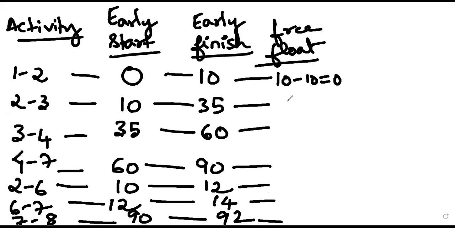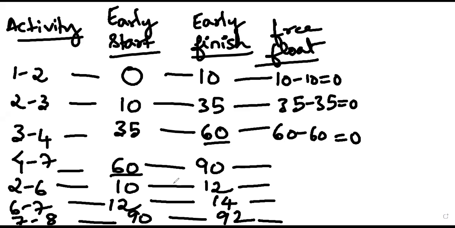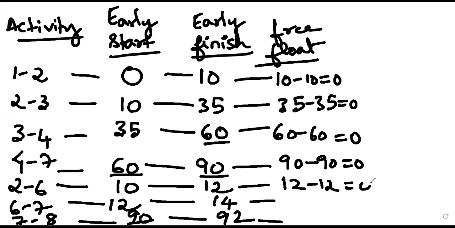Next, 35 minus 35 is equal to 0. Correct. 60 minus 60 is 0. Correct. Next, 90 minus 90 is 0. Correct. 12 minus 12 is 0. Correct. The next one is also 90 minus 90. That is 0, I guess.